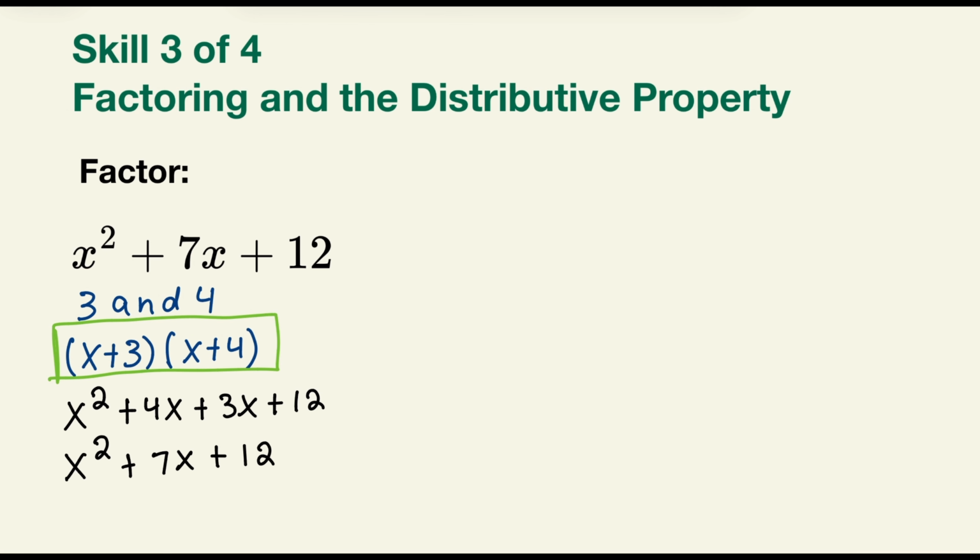Okay, so now let's go the other direction. So we have 4x plus 12. Okay, so find the greatest common factor. Well, both terms share a factor of 4, which means we can factor out a 4. And that is 4 times x plus 3.